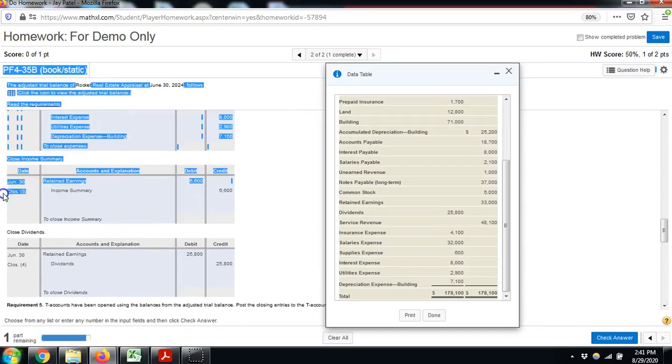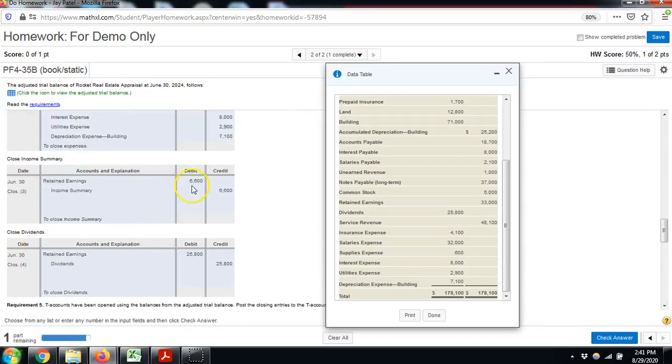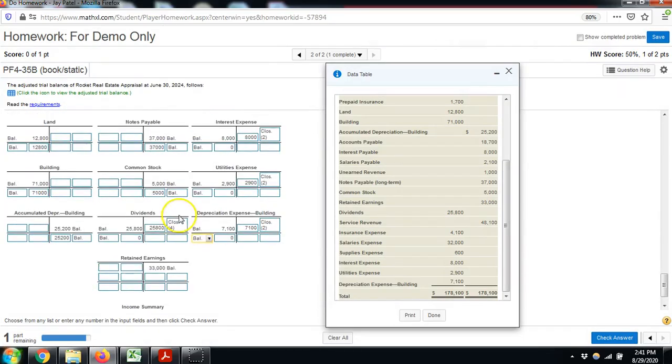So in the closing entry 3 and 4, we debited retained earnings. So in this, this was number 3. And then we had number 4, which was basically the debit to this dividend closure here.